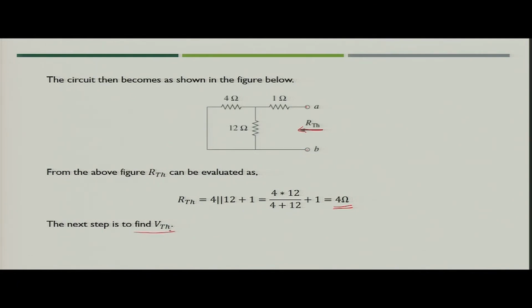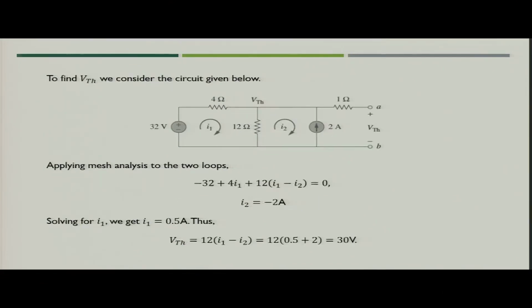Now, the next step is finding the value of Thevenin voltage. To find the value of Thevenin voltage, we have to consider the circuit, and whatever we discussed in previous classes, we have to just recollect our study, especially the mesh analysis which we discussed, because here you can see that you can create two meshes, you can apply mesh currents I1 and I2 across these two meshes, and you need to find the voltage VTH across terminal AB.